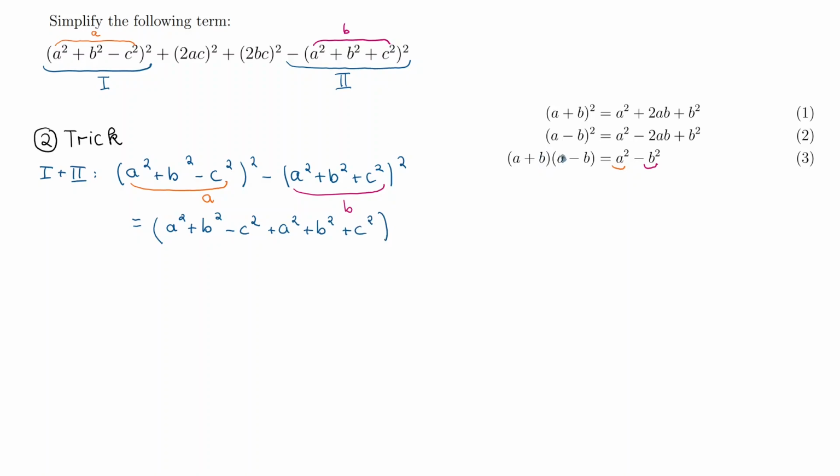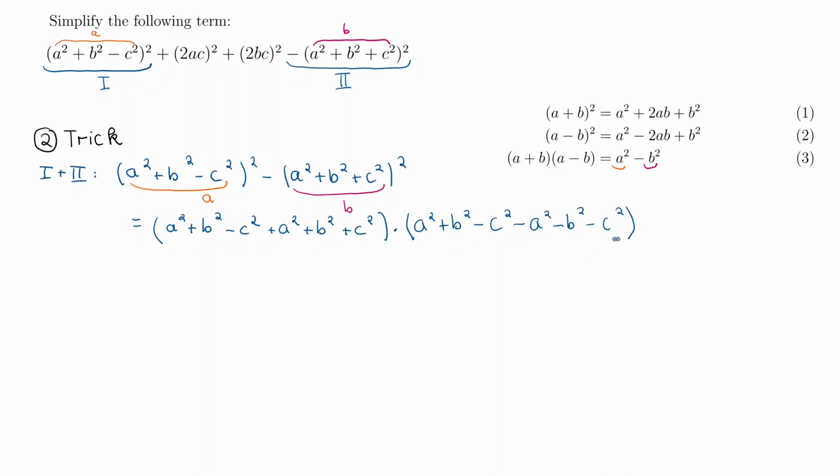And then here it's multiplied by the orange A, which is A square plus B square minus C square, and then minus red B, so minus this part. So I just flip all the signs here, so it would be minus A square minus B square minus C square.